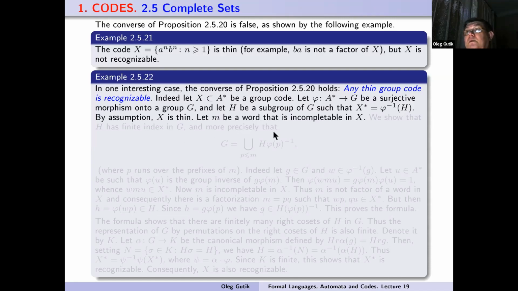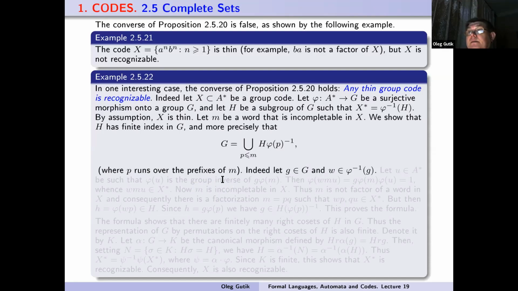Let m be a word which is incompletable in X. We show that H has a finite index in the group G, and more precisely that G is the union of such sets H phi of p, where p is less or equal to m, where p runs over the prefixes of the word m.